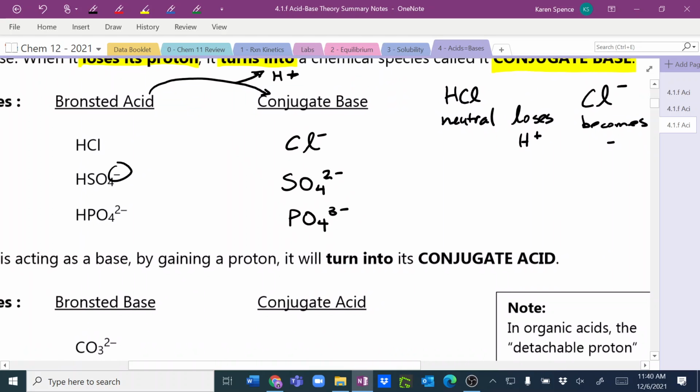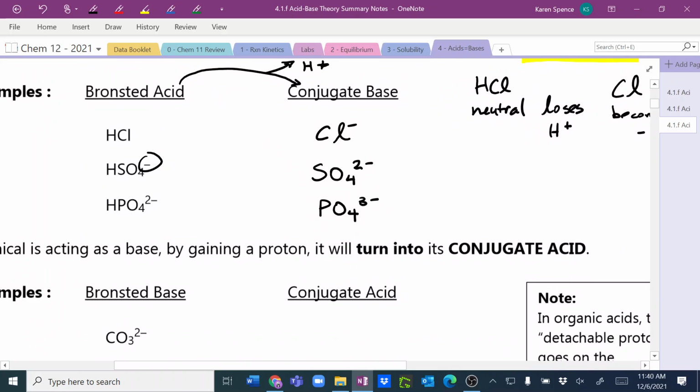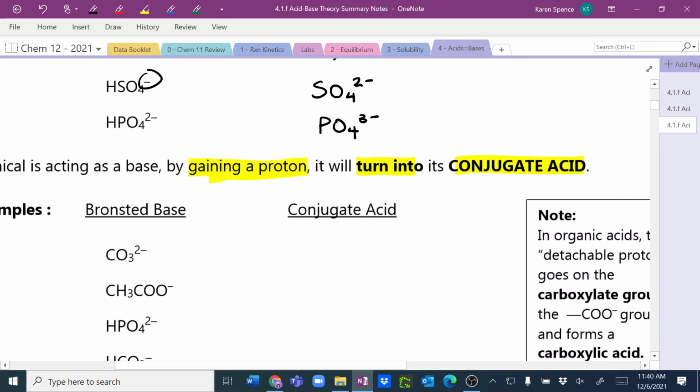Now, if you have a substance acting as a base, instead of donating a proton, what does it do? It gains a proton or accepts a proton, okay? And it will turn into its conjugate acid. So when we go from having a Bronsted base turning into its conjugate acid, we're going to have coming in here a hydrogen.